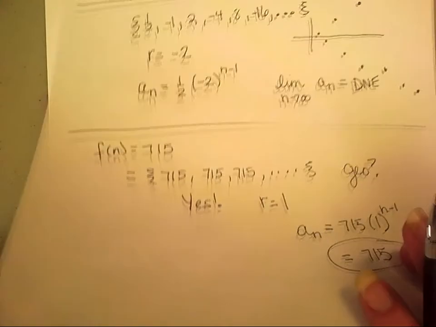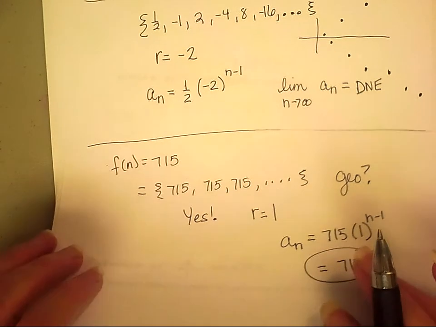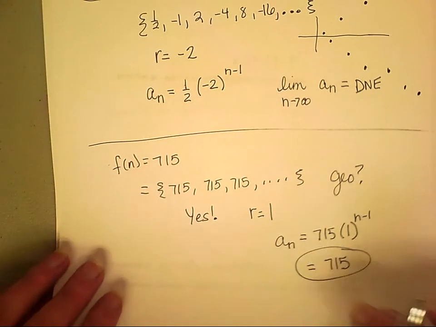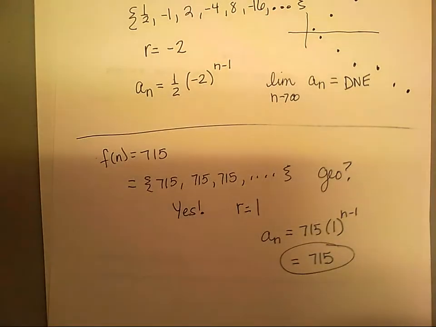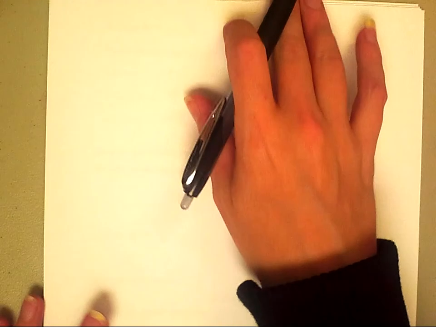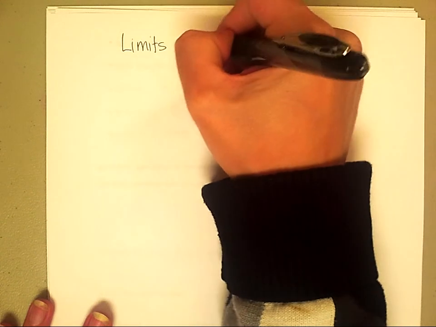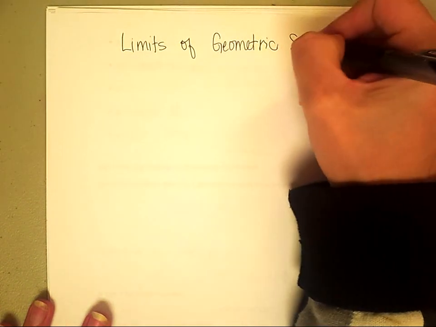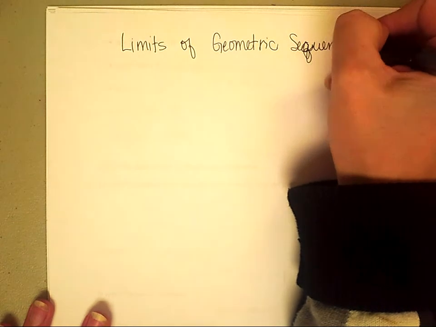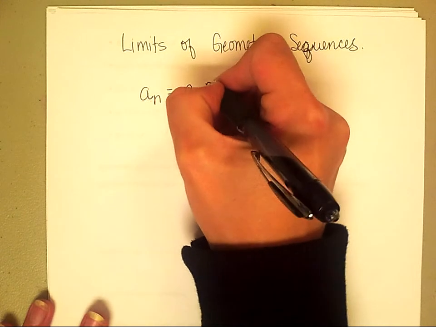All right, so what can we say about the limits of geometric sequences? Again, it comes down to certain cases. It'll depend on what's happening with r. Remember the sequence is generated by a sub n equals a sub 1 times r to the n minus 1.